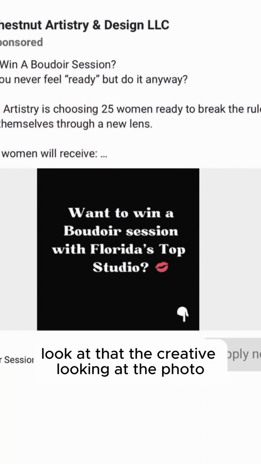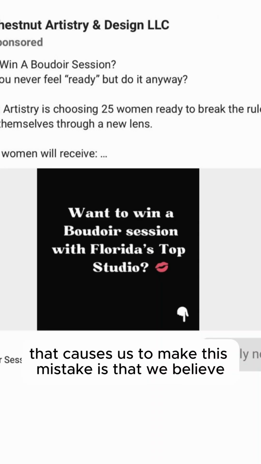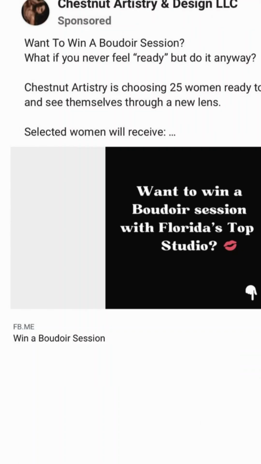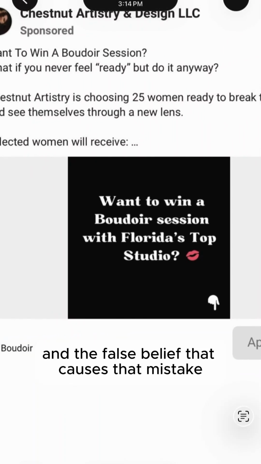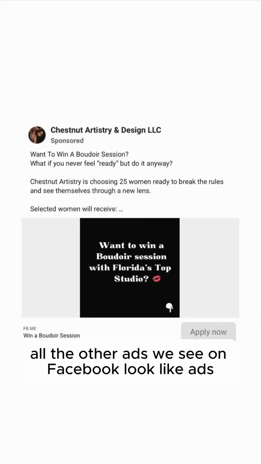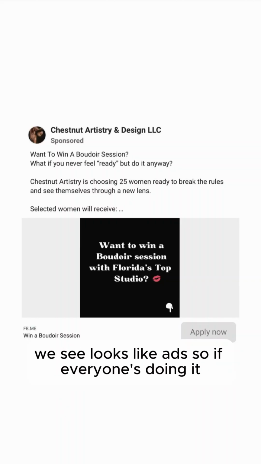Next, we got the creative, looking at the photo. We got the looks like an ad mistake. The false belief that causes us to make this mistake is that we believe our Boudoir Facebook ads should look like ads, because basically all the other ads we see on Facebook look like ads. All the other Boudoir Facebook ads we see look like ads.